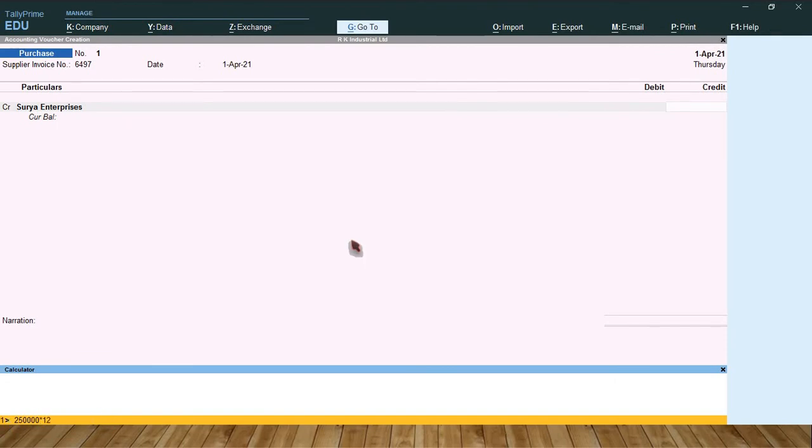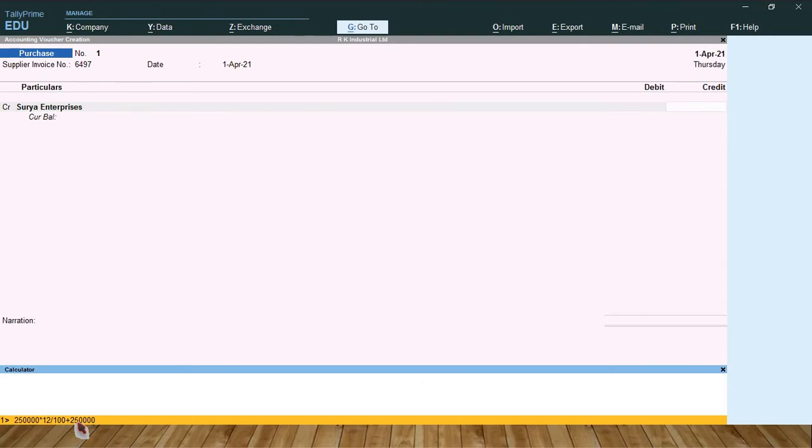2,50,000 into 12 divided by 100. That result is 30,000, the total GST. Plus 2,50,000, so 30,000 plus 2,50,000, total amount is 2,80,000.